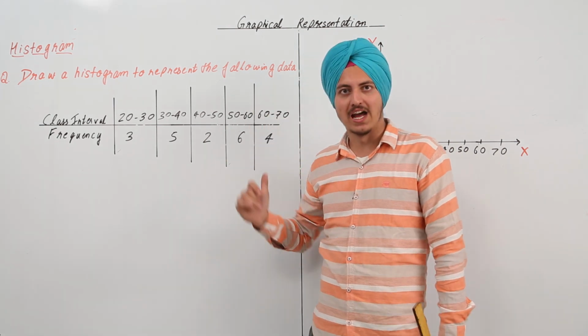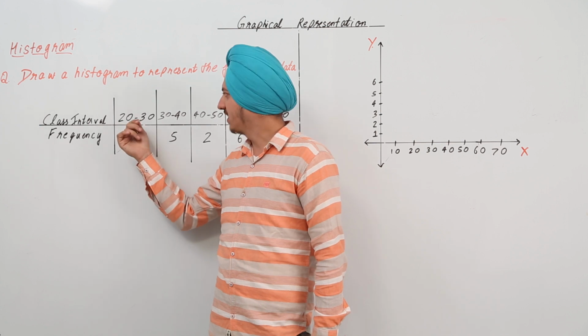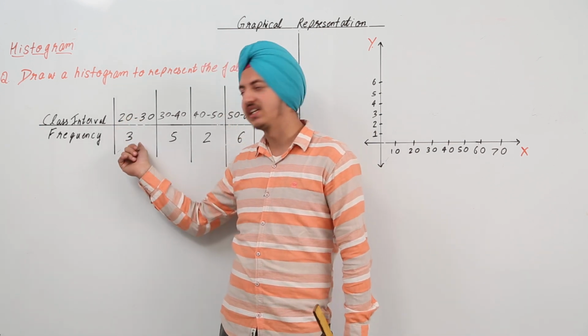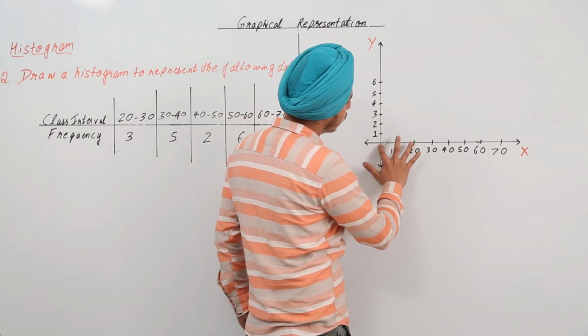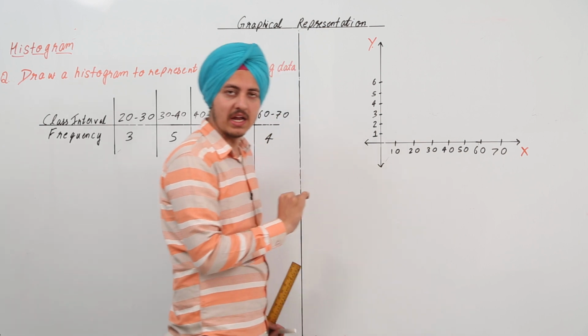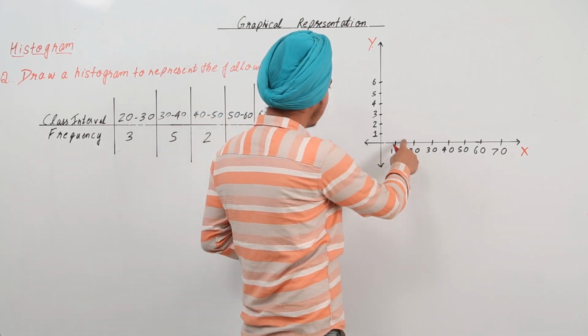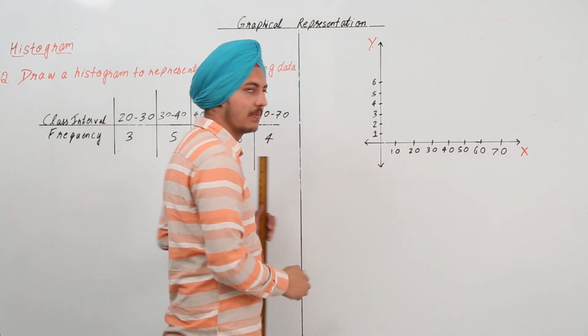So once we have done that, now we know that the class interval is starting from 20. And the first interval is 20 to 30. And for that, the frequency is 3. Right? So for 0 to 20, there is no data. Now this graph starts from 20. And from 20 to 30, the frequency is 3, right?